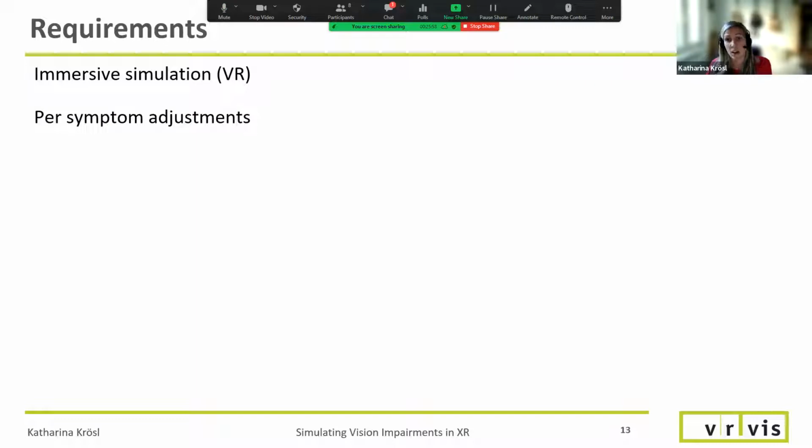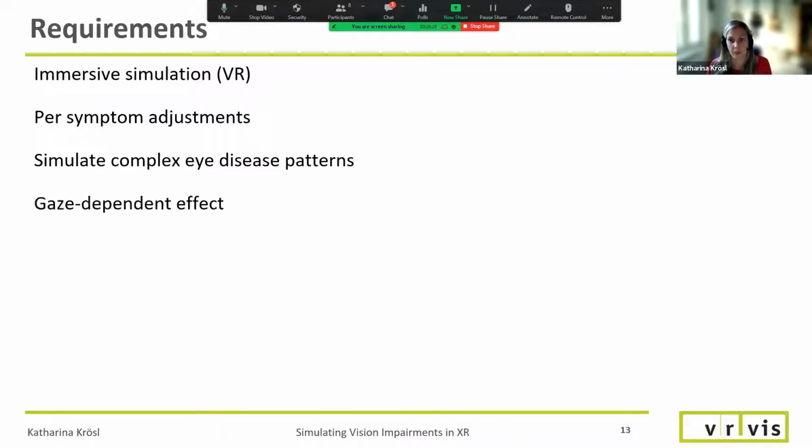Eye diseases are a combination of different symptoms, and they can differ in severity. Therefore, it is important that we can adjust each symptom individually. And we need to combine multiple simulated symptoms to create simulations of complex eye disease patterns with gaze-dependent effects.